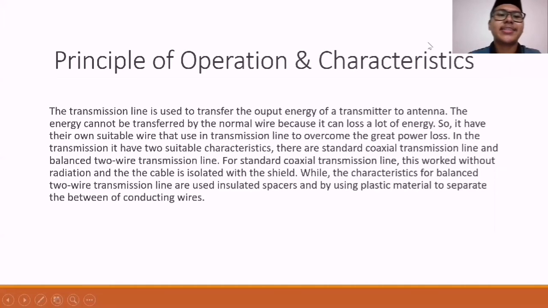Okay, next we will discuss how transmission lines operate and what their characteristics are. Transmission lines, as we know, are used to transfer the output energy of a transmitter to an antenna, or transfer electrical energy from the transmitter to a receiver by its antenna.